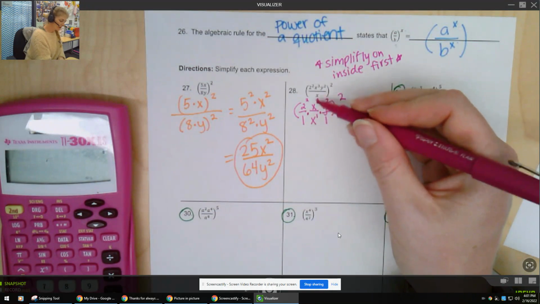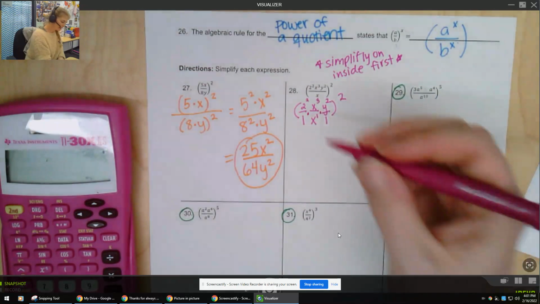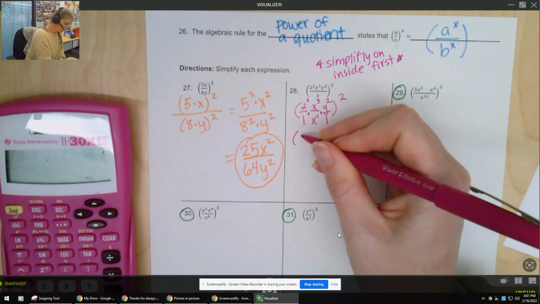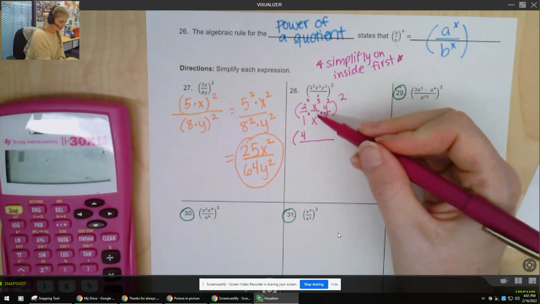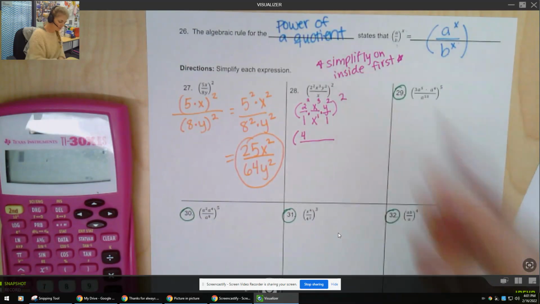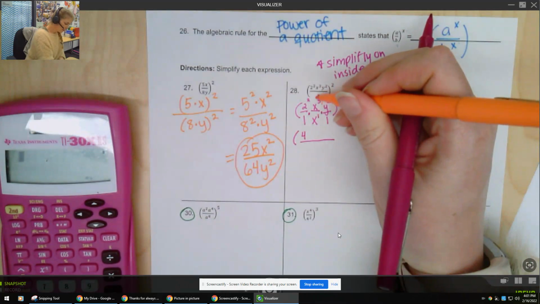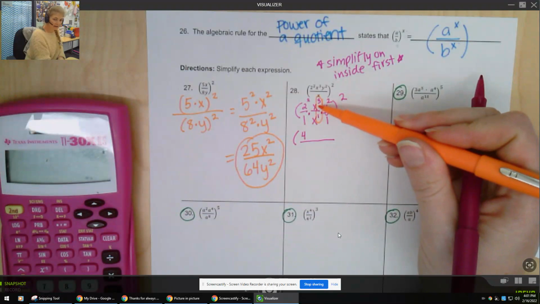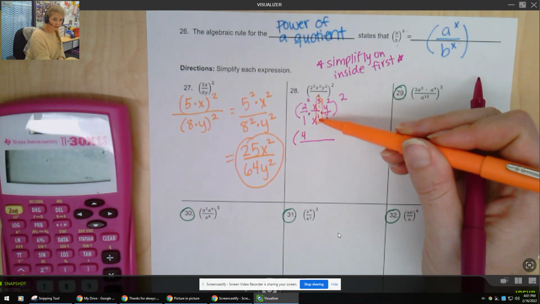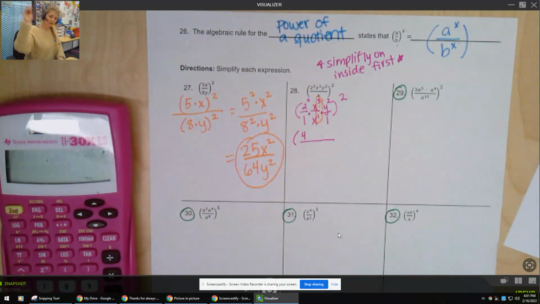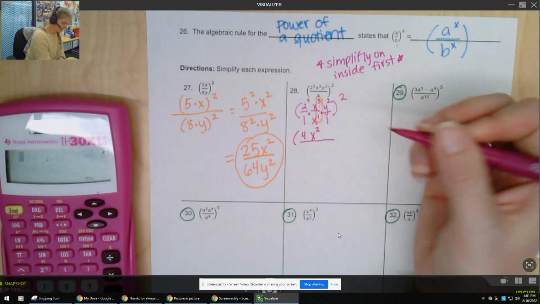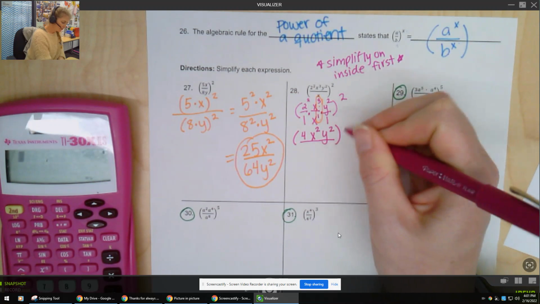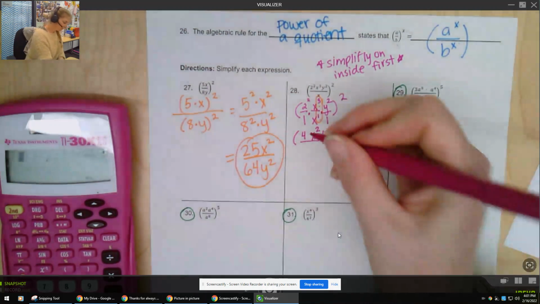So I can use my quotient of powers that we learned last lesson. 2 to the second, we know that's 4 on the top. x cubed over x to the first: remember, we would have 3 factors of x on top, 1 factor of x on the bottom, 1 factor would cancel out, and we're left with 2 factors of x on the top over y squared, all to the second power.